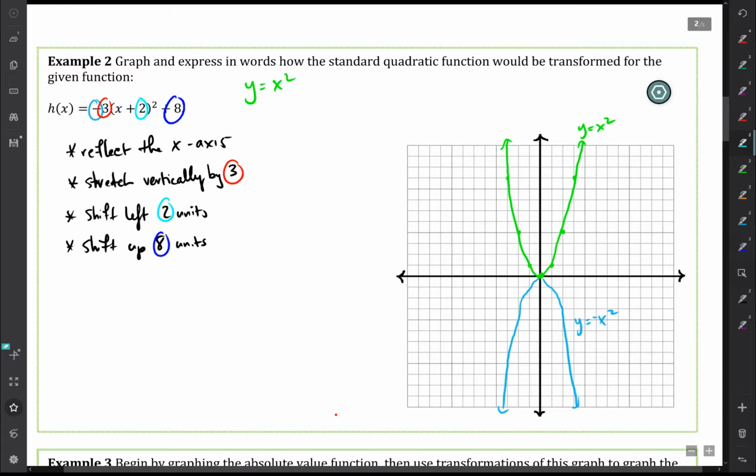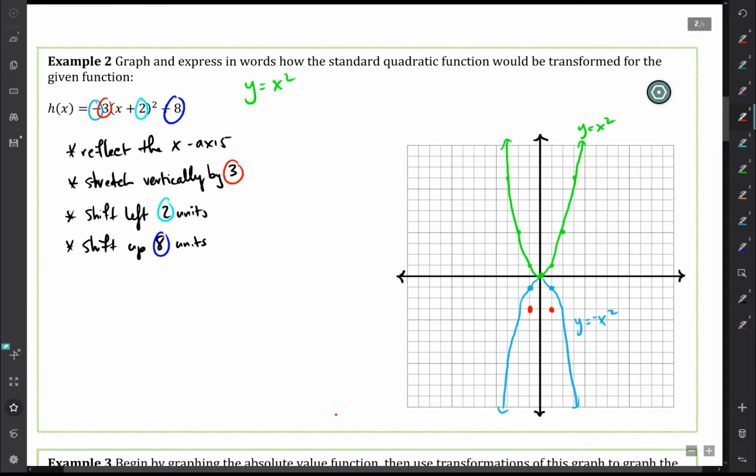So where this light blue graph goes through (-1, -1) and (1, -1), now we want to stretch that down by a factor of 3. So it's going to go down through (-1, -3) and (1, -3).